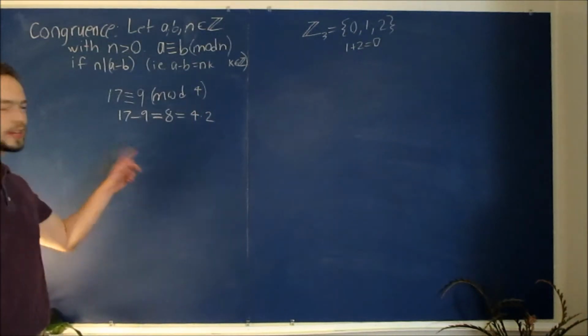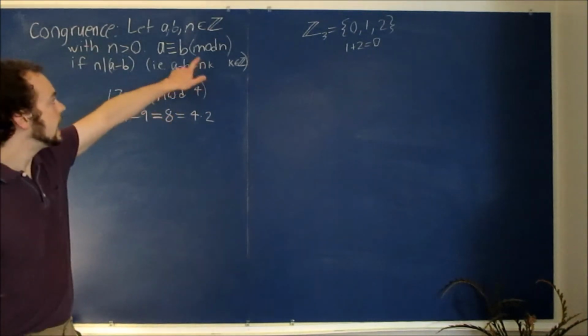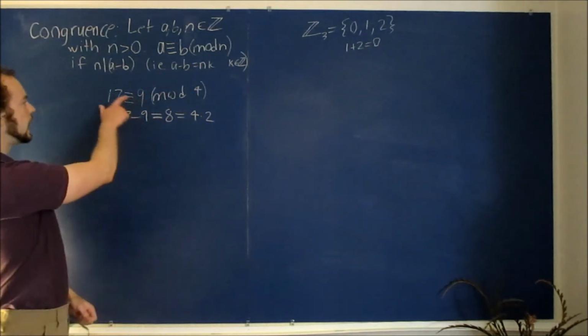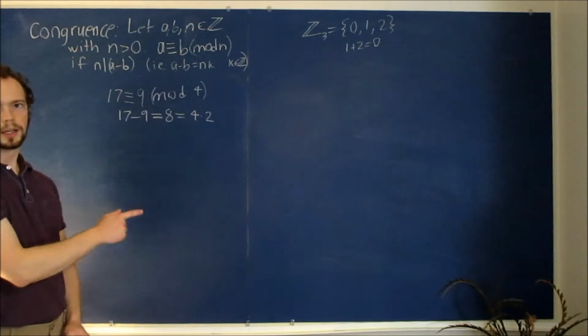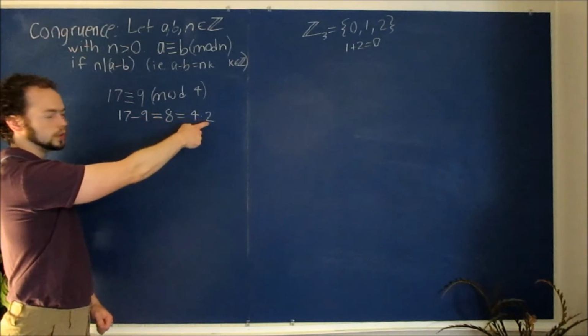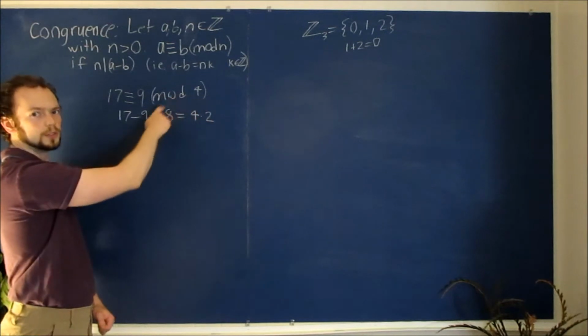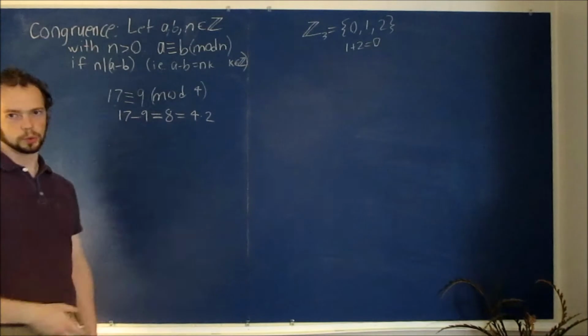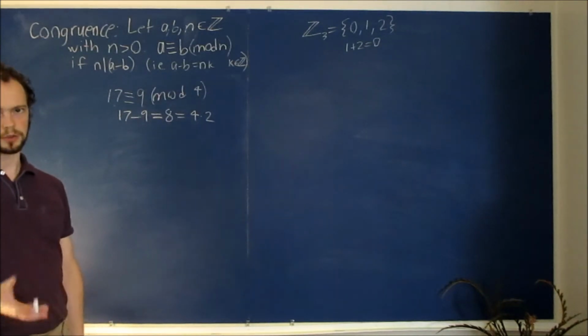So you see in this example, our n is 4, and our a and b are 17 and 9. 17 minus 9 is equal to 8, 8 is equal to 4 times 2, so 4 divides 8. Therefore, 17 is congruent to 9 modulo 4.